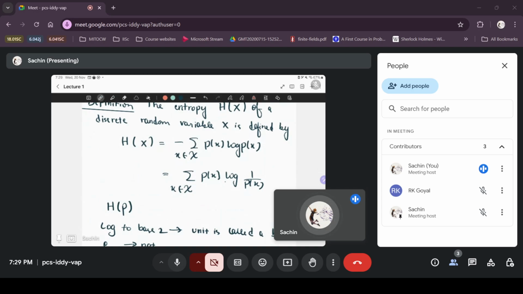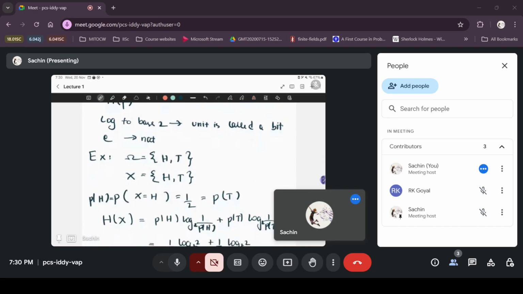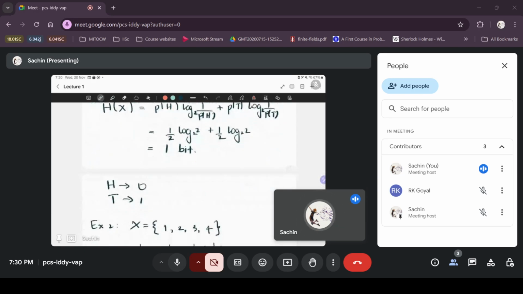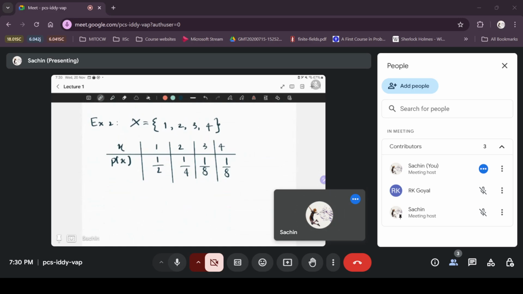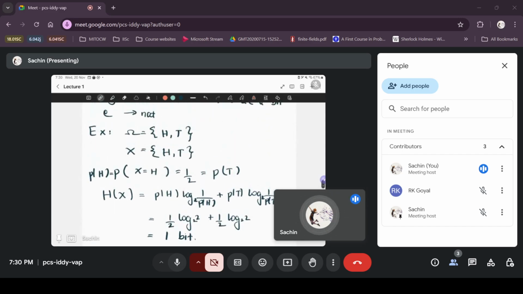They'll give you what is the average number of bits you would need to represent each symbol if you have a long sequence, and what's the best you could do in that sense. See, in the coin toss example, you had two outcomes, heads and tails.